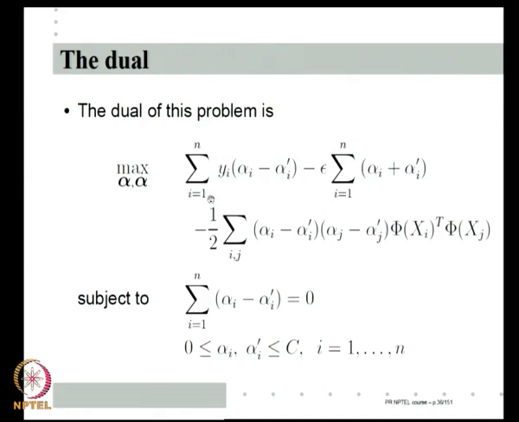So, that turns out to be the objective function, and these have turned out to be constraints. Once again, like earlier, all the Lagrange multipliers have to be between 0 and C, and there is one equality constraint. The dual objective is also quadratic in both alpha and alpha prime, and the training data appear only as inner products phi(x_i) transpose phi(x_j).